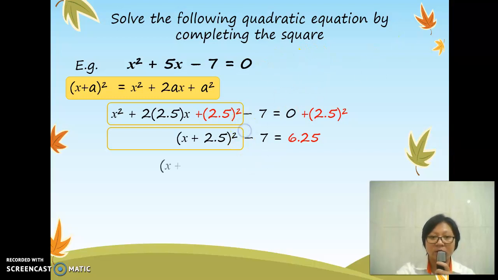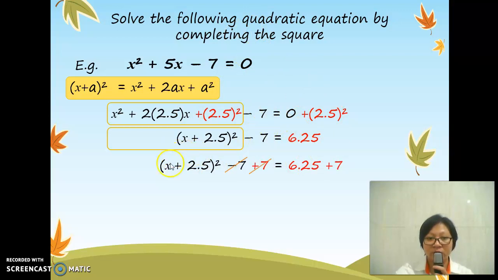Okay, and then use the balance method to eliminate minus 7 because we want to isolate the perfect square. Okay, and then 6.25 plus 7 is equal to 13.25.